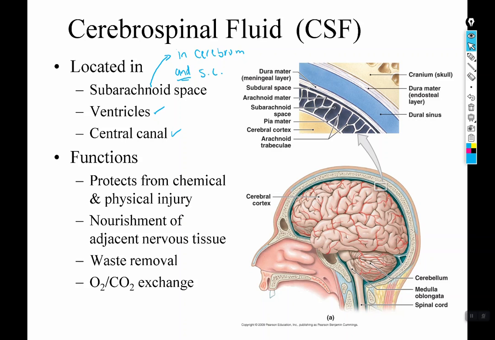And then the chemical injury is that the cerebrospinal fluid is also there because we can't have the blood cells in our blood directly in contact with our neural tissue. We have to separate them using the blood-CSF and blood-brain barrier because nasties can get into your blood with relative ease, unfortunately, and we don't want any of those nasties near our control center.